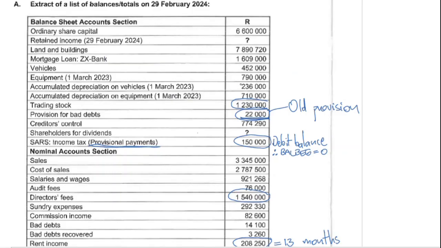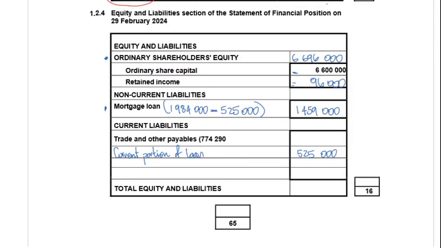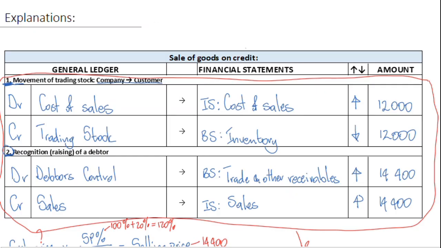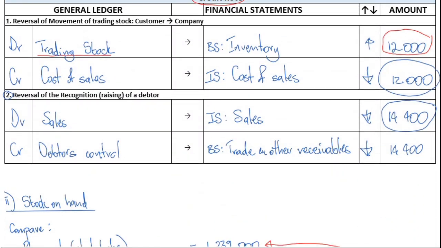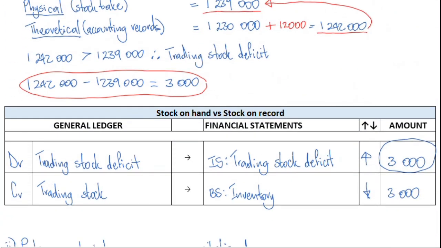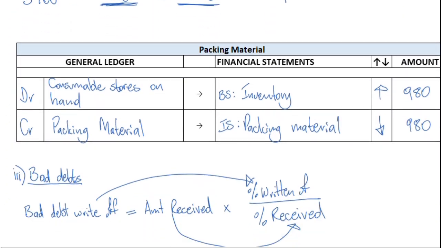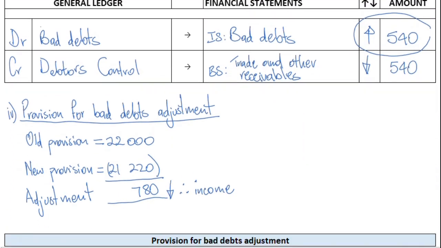For trade and other payables, we have our pre-adjustment amount of 774,290 rands, and then we must make the adjustments which we did when we did the statement of comprehensive income, but only those affecting the equity and liabilities section.